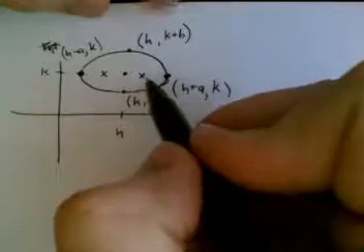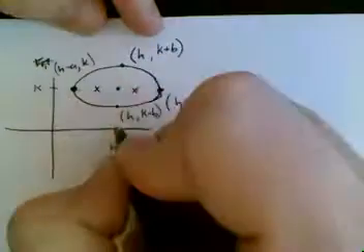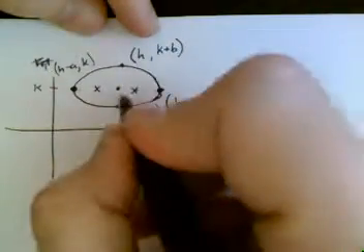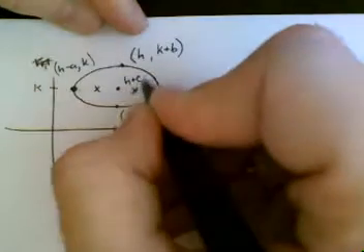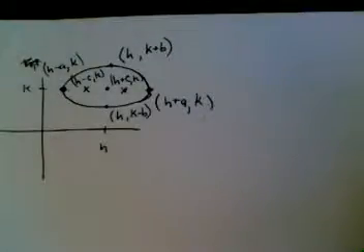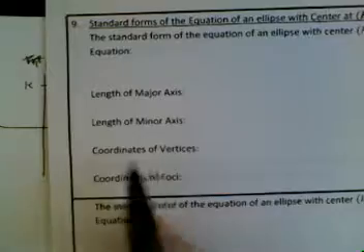Now, the foci, the points in the center, those are going to have a specific value as well. They're going to go over to h, up to k. But now I'm moving in the x direction again, so it's h plus, we're going to call it c, comma k. This one over here is h minus c, comma k. So, all this information, let me write it down, and we can fill in the coordinates of the vertices and the foci right now, okay? So that's what we're going to do.